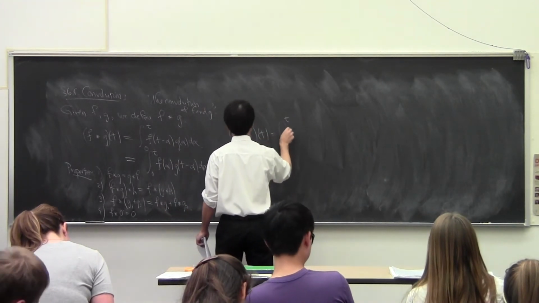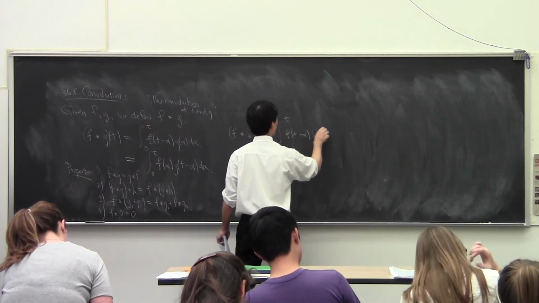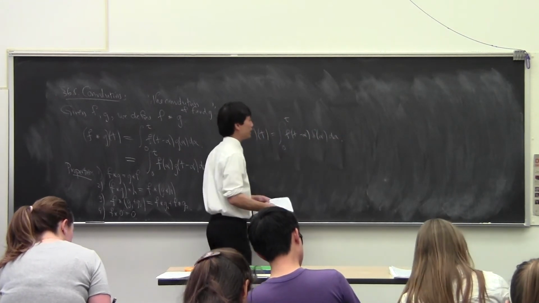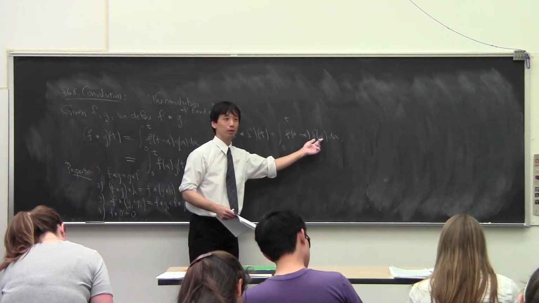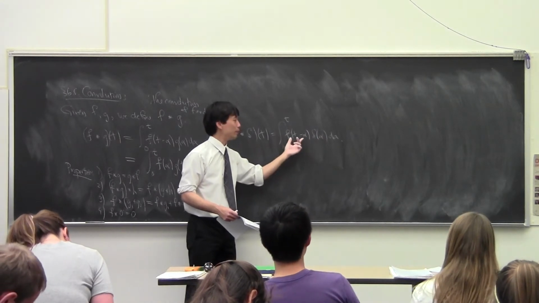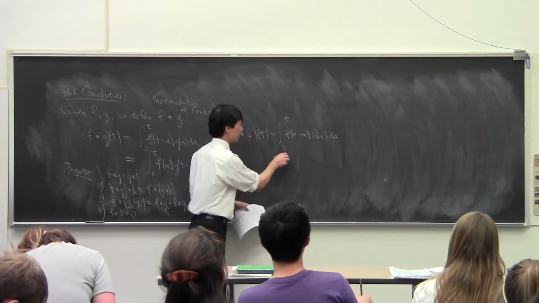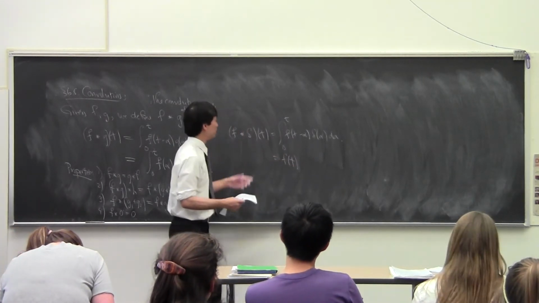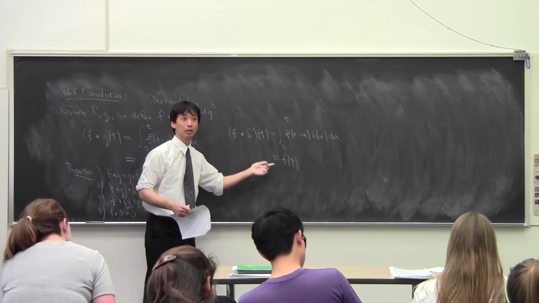Well, the integral from 0 to t of f of t minus alpha times the Dirac delta function of alpha d alpha is going to pick off the value when alpha is equal to 0. When alpha is equal to 0, that's going to be f of t. So convolving with the Dirac delta function just gives you that function.